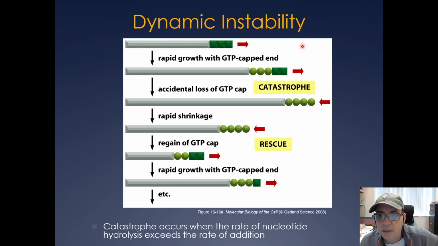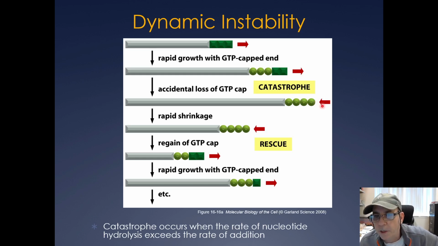Okay, and eventually the concentration of the free subunits in the cytosol with the GTP bound is going to decrease to the point where hydrolysis is occurring faster than the addition. Okay, and when that happens, with the hydrolysis of the GTP cap, you're going to have a GDP bound form at the cap, and that favors disassembly.